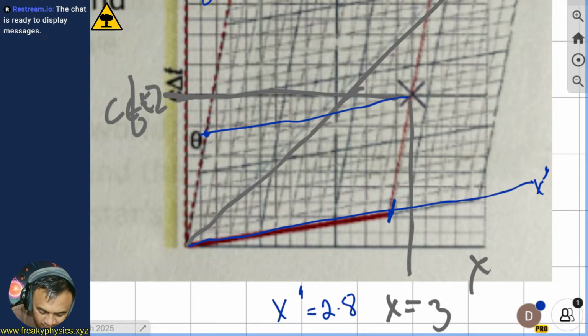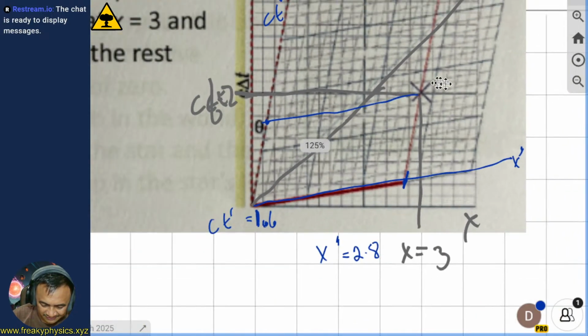That's 8 squares, so our CT prime equals 1.6. What just happened here is time dilation, in a different kind of manner.